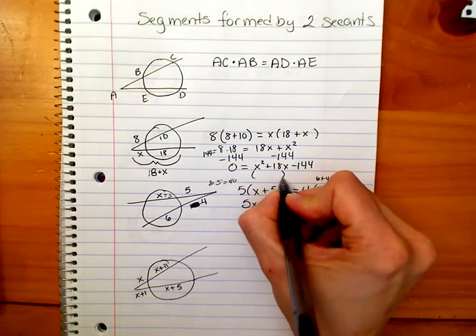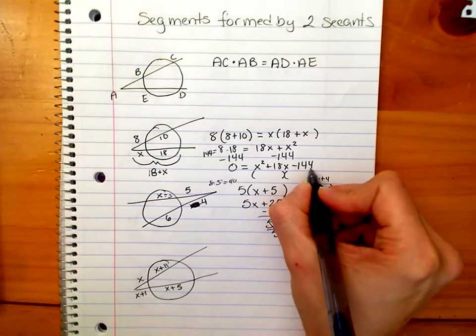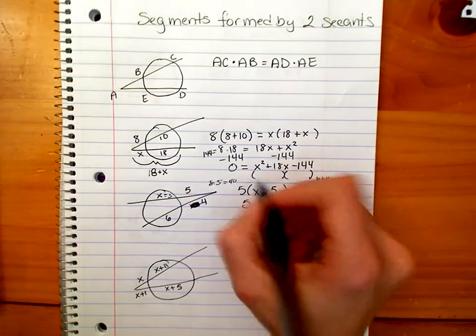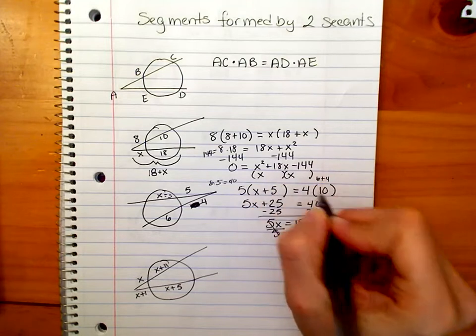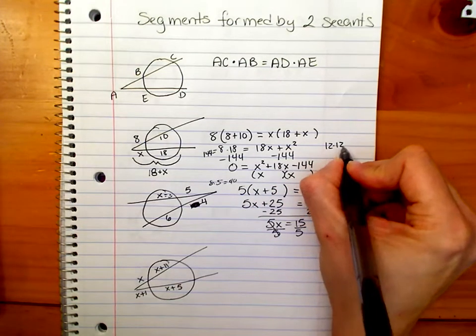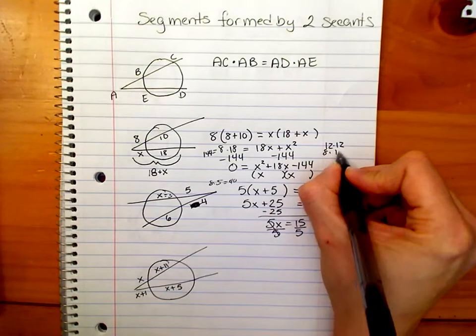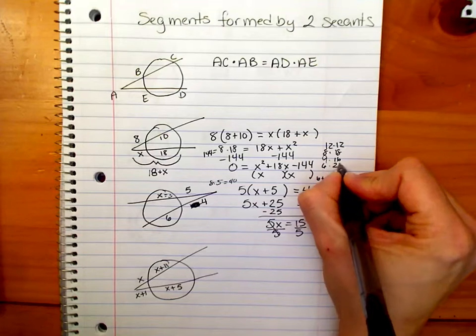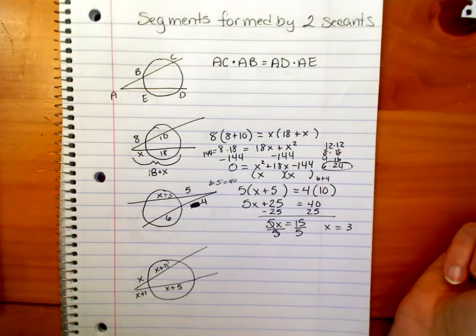Now we have to factor. We've got two factors of negative 144 that add up to 18. Now hopefully you remember from factoring. I did a couple. 12 times 12 is 144, 8 times 18, 9 times 16, 6 times 24, and that's finally when I found a difference of 18.